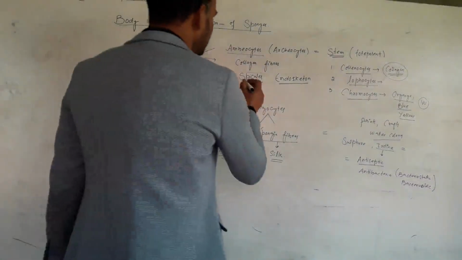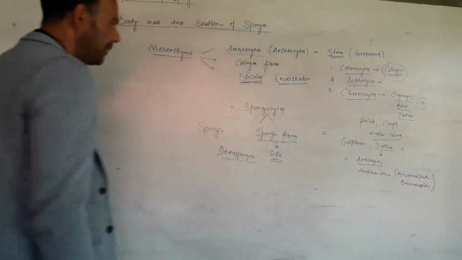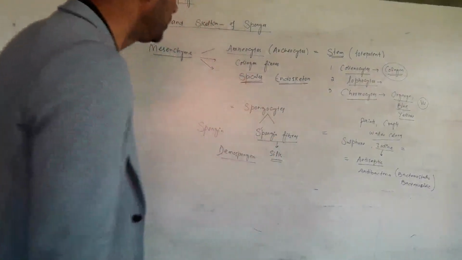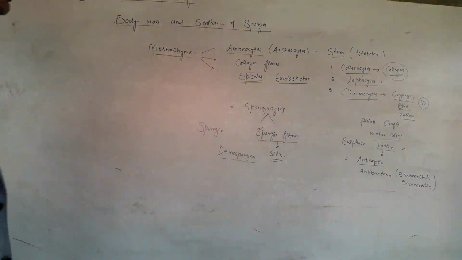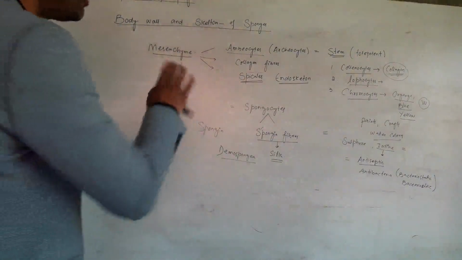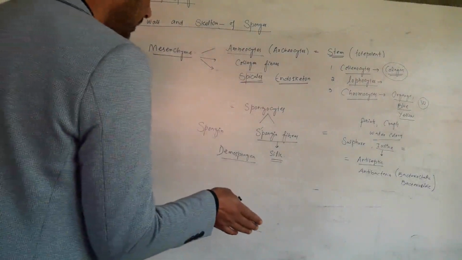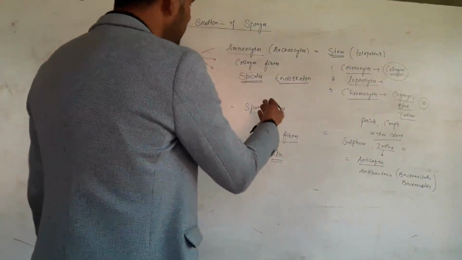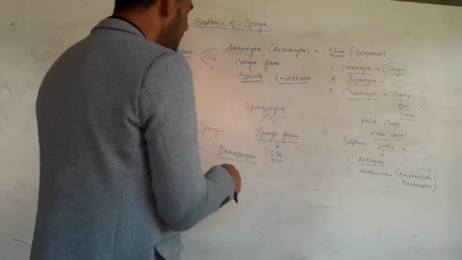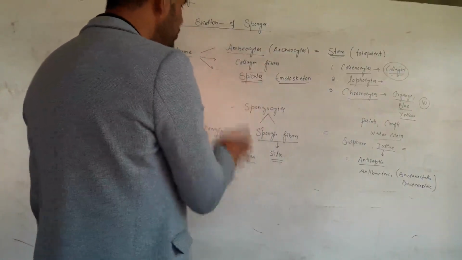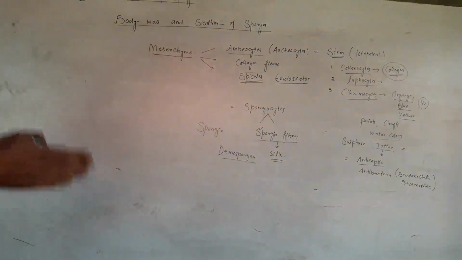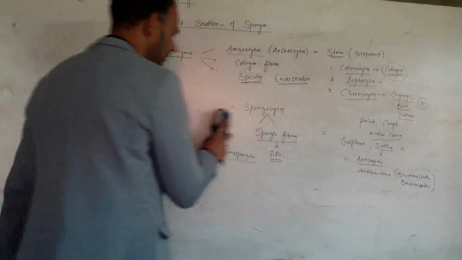And number two is spicule. As I have already told you, there are two types of spicules, calcareous spicules and siliceous spicules, that make the endoskeleton of the sponge. These spicules are formed in the mesenchyme when the silicocytes and chalcocytes extract the calcium carbonate and silicon dioxide from the seawater.